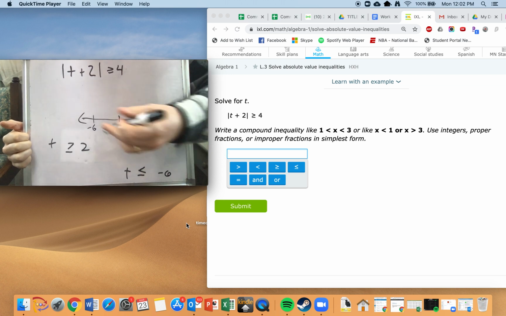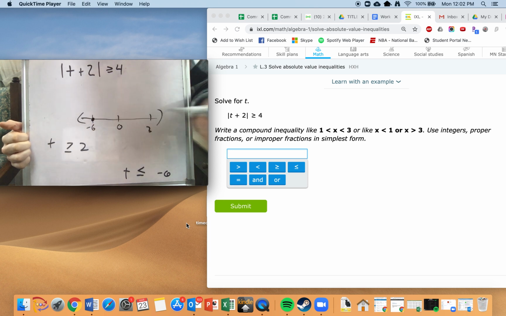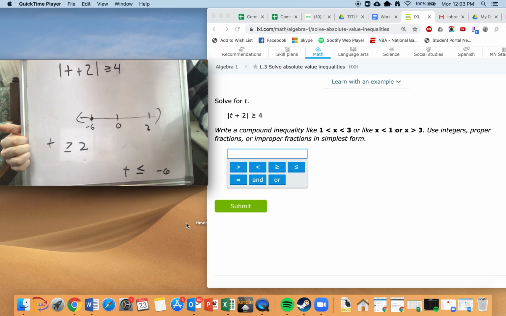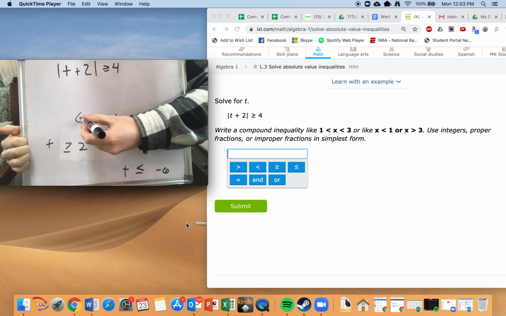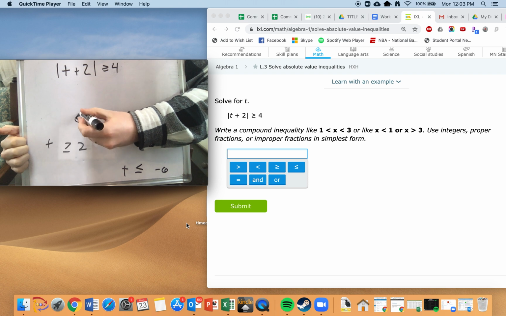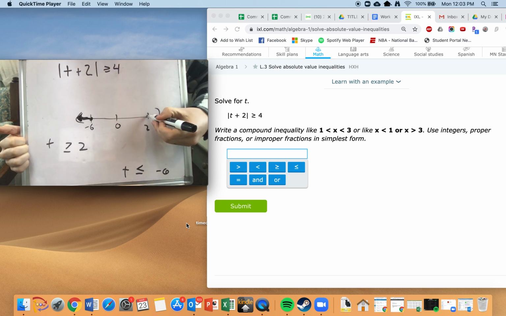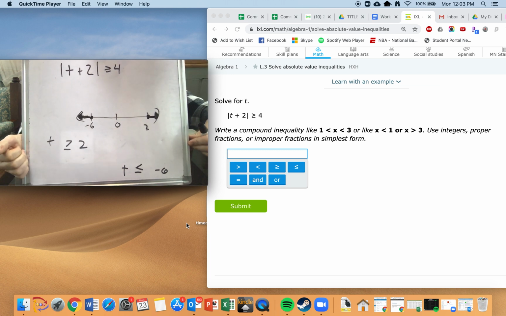I'm going to put my closed circle on negative 6, and I'm going to follow the arrows. If my arrow is telling me to go this way, okay, I'm following the arrow. And then here I'm going to put one on 2, and my arrow is telling me to go this way.